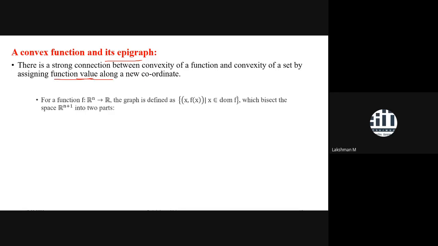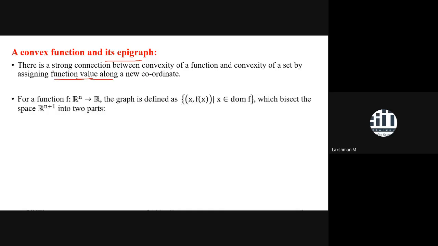So for a function f from Rn to R, we are defining a graph. The graph is the collection of all points x comma f of x, such that x comes from the domain of the function, and this graph bisects Rn plus 1 into two parts.